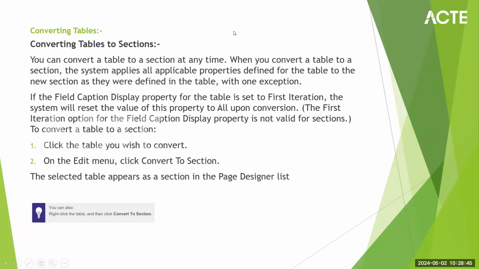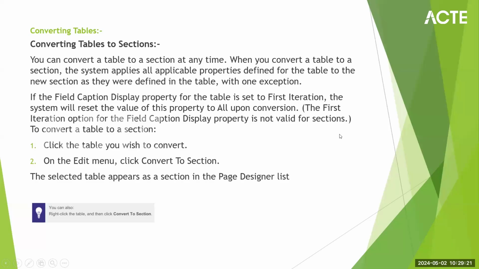Converting tables to the section. You can convert a table to a section at any time, but when you convert, the system applies all the properties defined for the table in the new section, as they are defined in the table, with one exception. If the field caption display property for the table is set to the first iteration, then the system will reset the value of the property upon conversion. For example, the first iteration option for the field caption display property is not valid for a section.